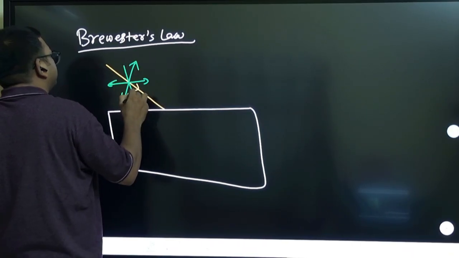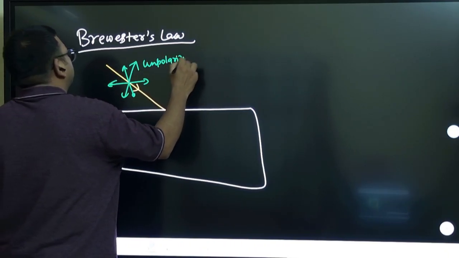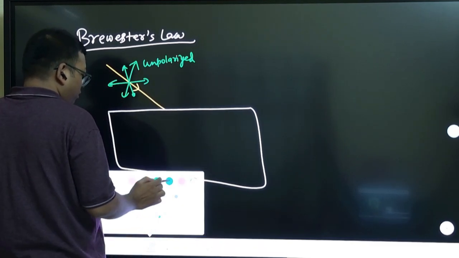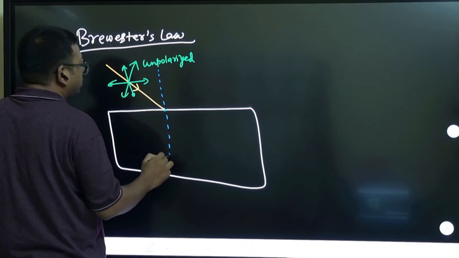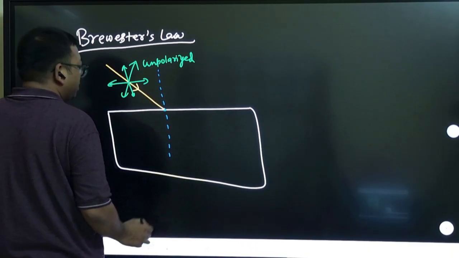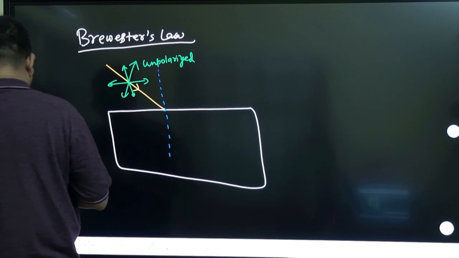Now, when reflection happens at this point, you can draw the normal. So both the things can happen. Both reflection and refraction can happen.